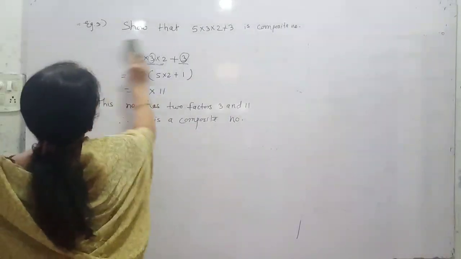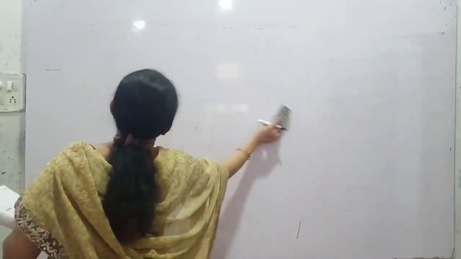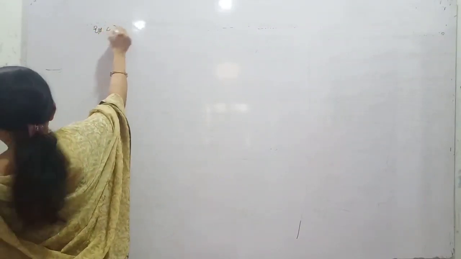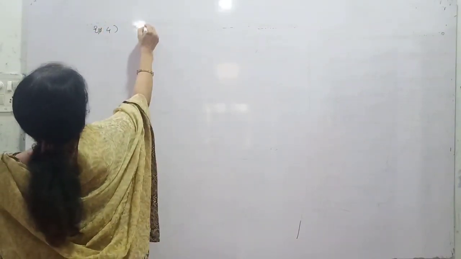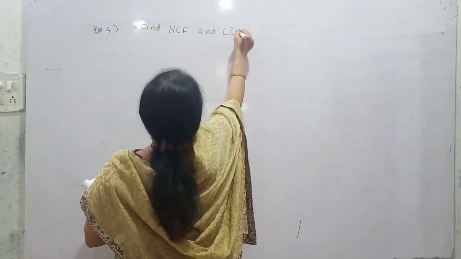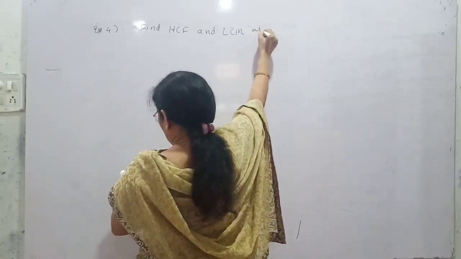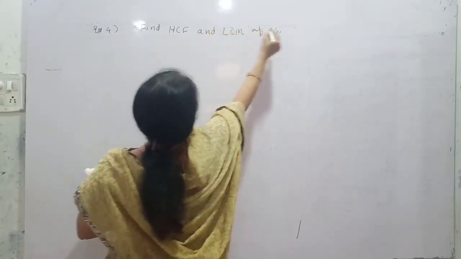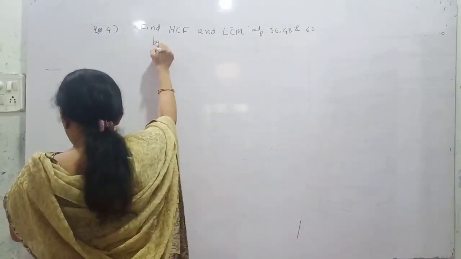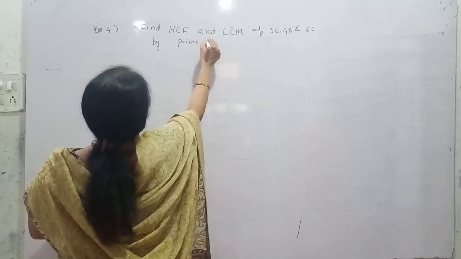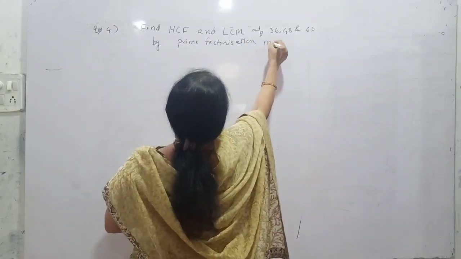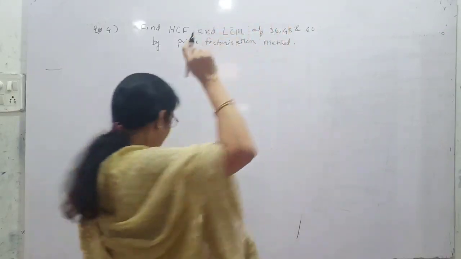Next, find HCF and LCM of 36, 48 and 60 by prime factorization method.